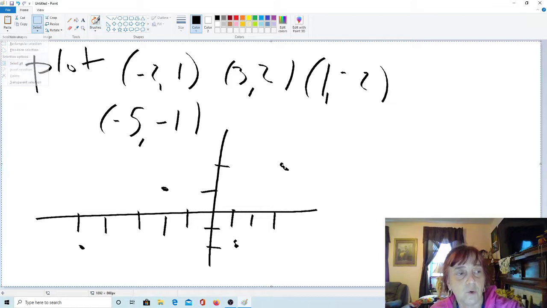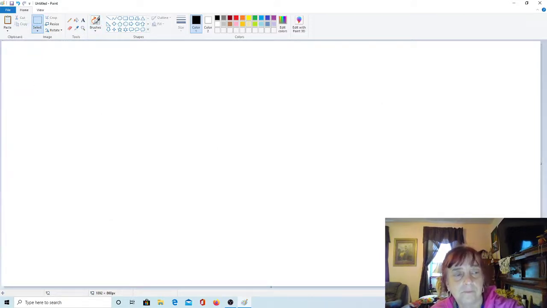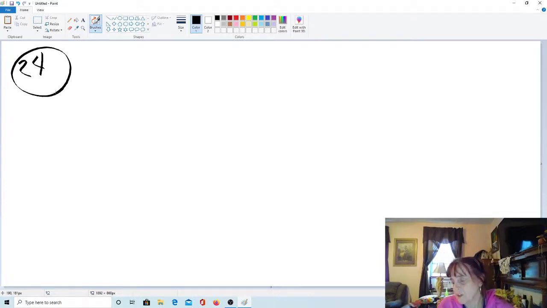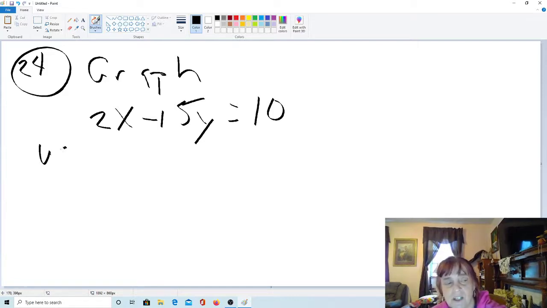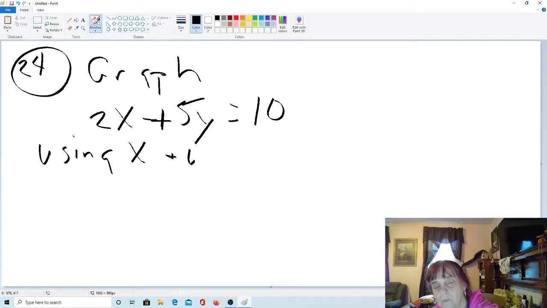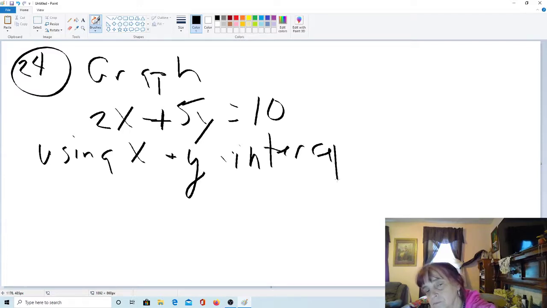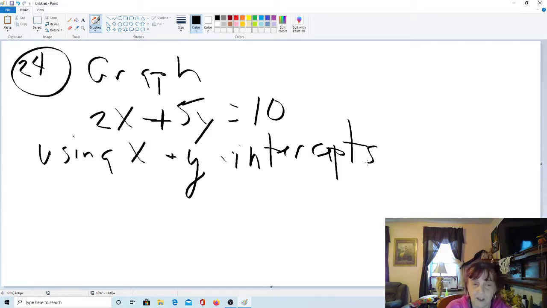Now, number 24. Okay, let's say you want to graph 2x plus 5y equals 10 using x and y intercepts. Okay, for the y-intercept set x equal to 0, solve for y.